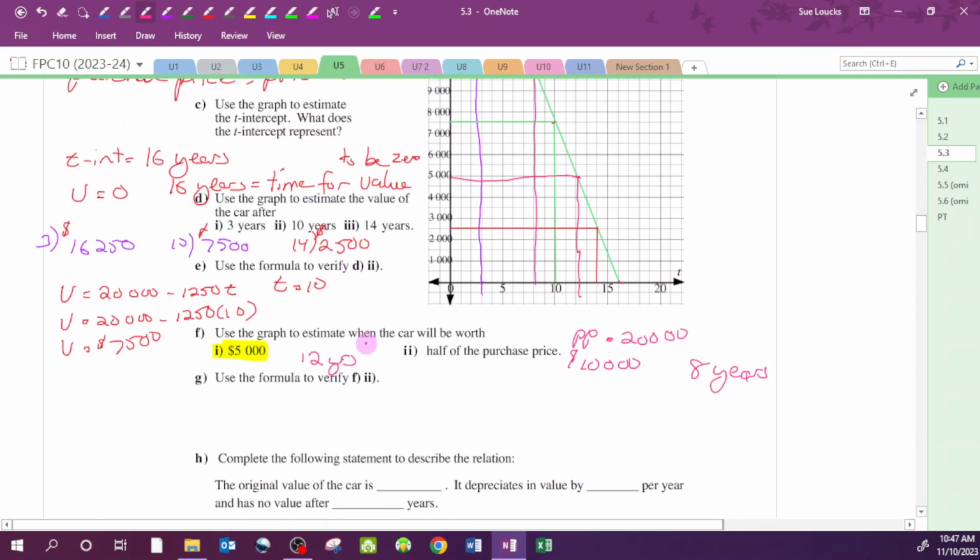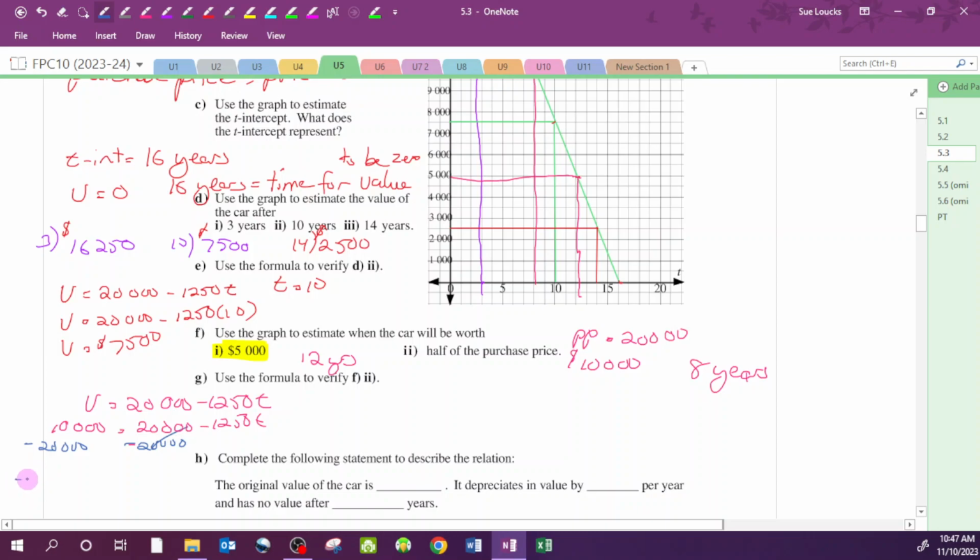And then use the formula to verify F. So we've got the value equals 20,000 minus 1250T, and the value is 10,000, so 10,000 equals 20,000 minus 1250T. Then I subtract 20,000 from both sides.